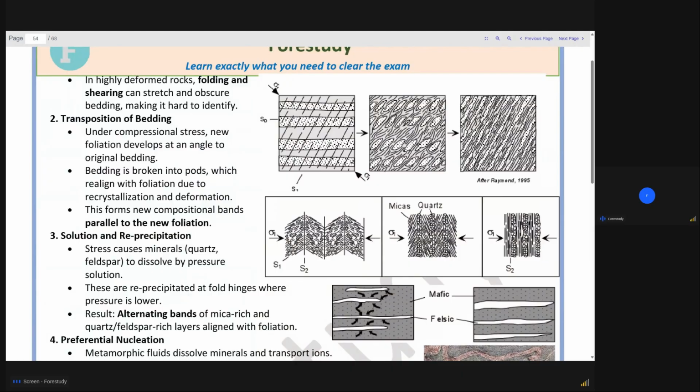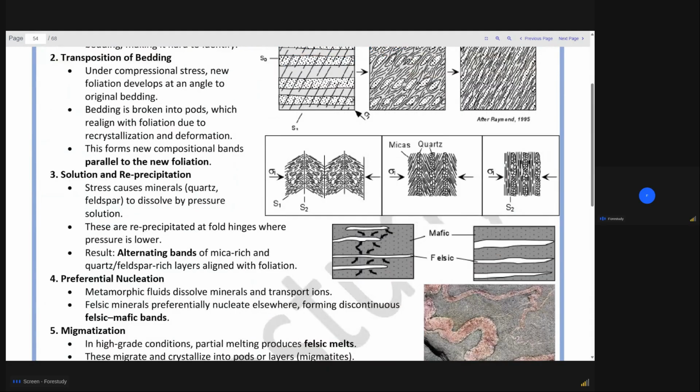This error should be avoided, because a lot of times schistosity is mistakenly identified as bedding planes.